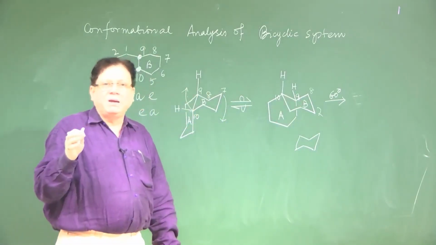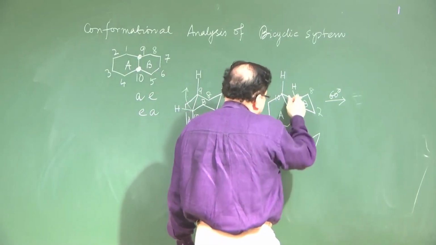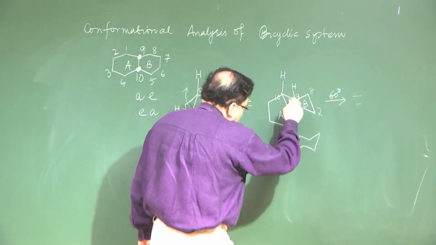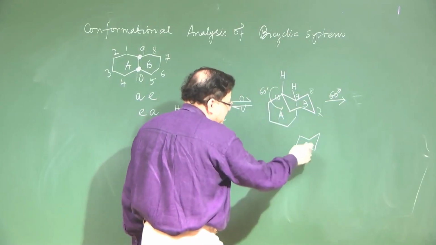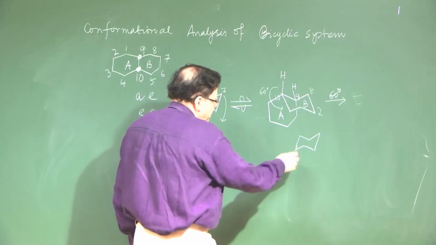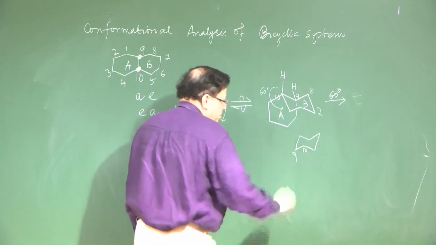When I rotate it by 60 degrees, I get a mirror image chair, and where is the number 10 carbon? The number 10 carbon is now here and the number 9 carbon is there.